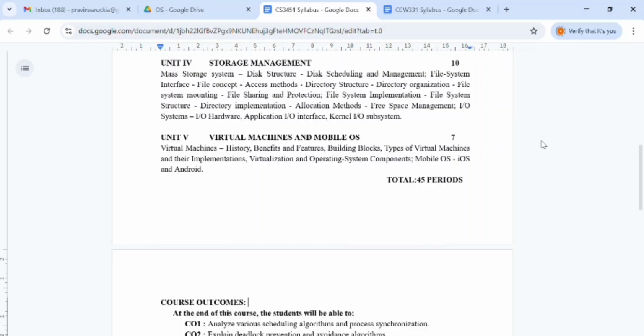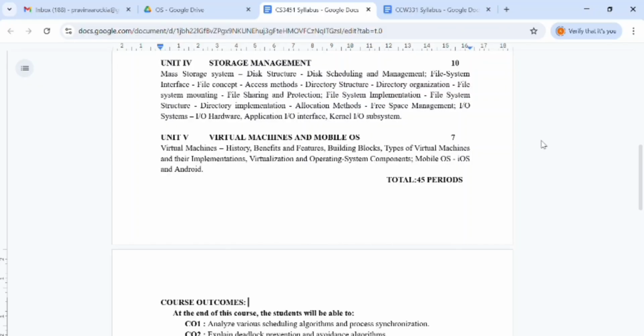In the fifth unit, we are going to see virtual machines and mobile OS. We know the two basic mobile operating systems, Android and iOS. We are going to see the features of iOS as well as Android OS. Apart from that, virtual machines.